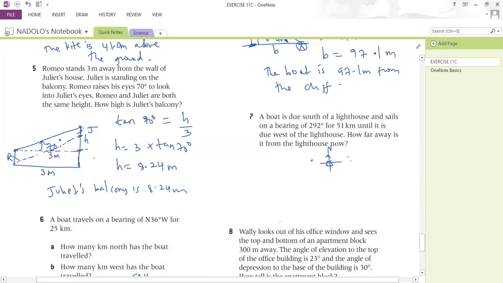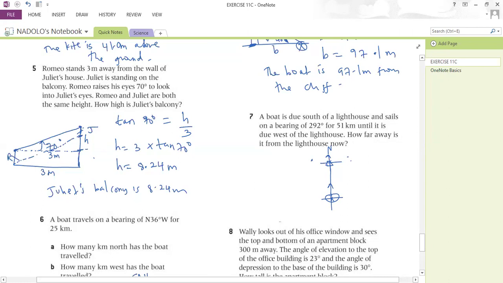So if this boat is now due south, it means it is directly on the south of the lighthouse, and then the boat also has its compass and sails on a bearing of 292 degrees for 51 kilometers until it is due west of the lighthouse.